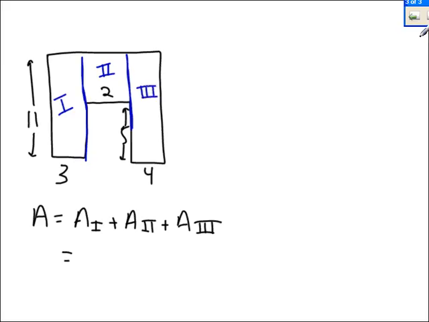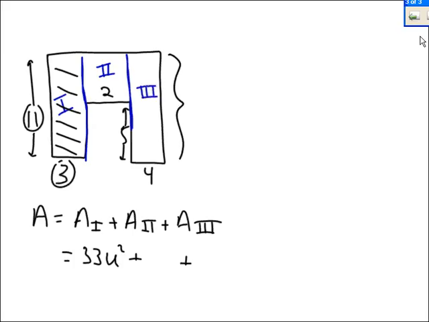But the area of region 1 is very straightforward. And the reason it's straightforward is because it is a rectangle, and it's 3 units by 11 units. It's 33 square units. Plus region 2. We'll do that last. Plus region 3. Well, this is 11, just like that was 11.